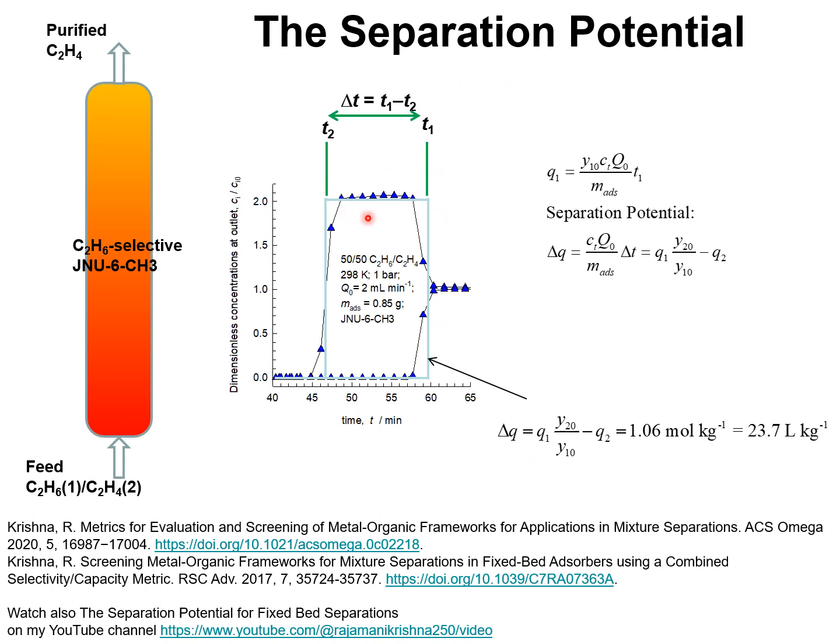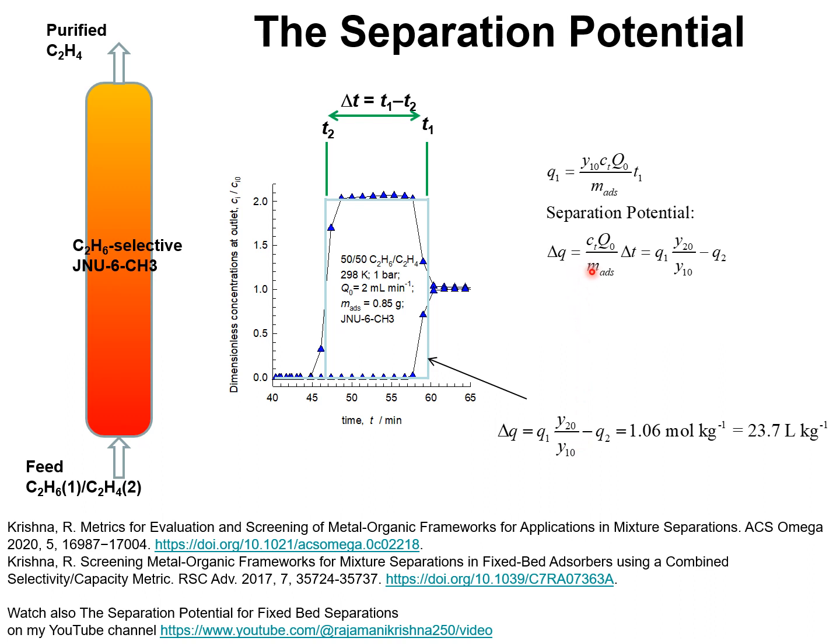Using the shock wave model for a fixed bed adsorber, we can derive an expression for a metric that I have dubbed the separation potential, which is the productivity of purified alkene, C2H4, that can be recovered during the time interval delta t.